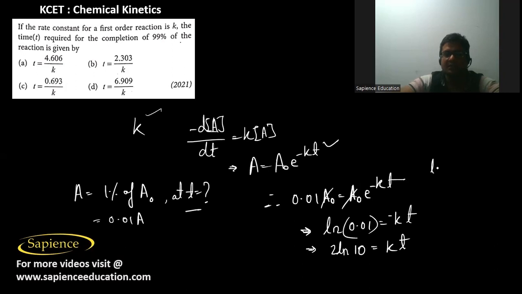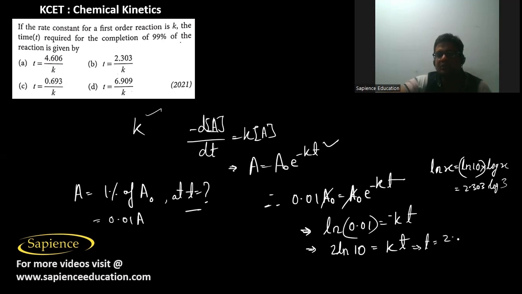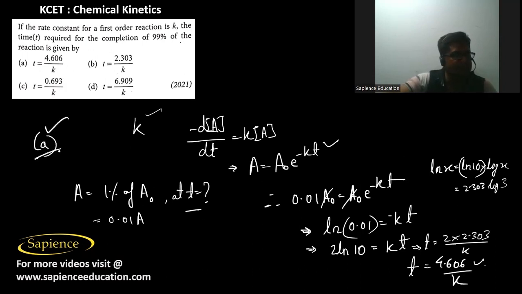Now ln x equals ln 10 into log x, so ln 10 is actually equal to 2.303. So T will be equal to 2 into 2.303 divided by K, that is 4.606 divided by K. So it is the time required for the completion of 99% of the reaction. So option A is the correct answer.